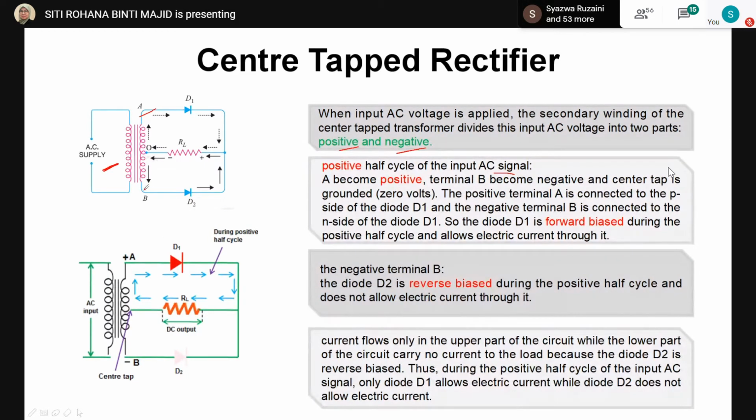The positive terminal is connected to the P side.